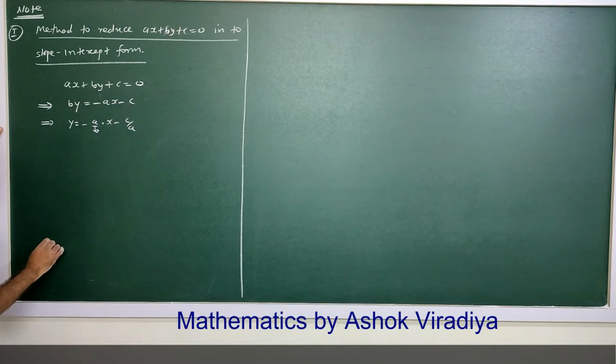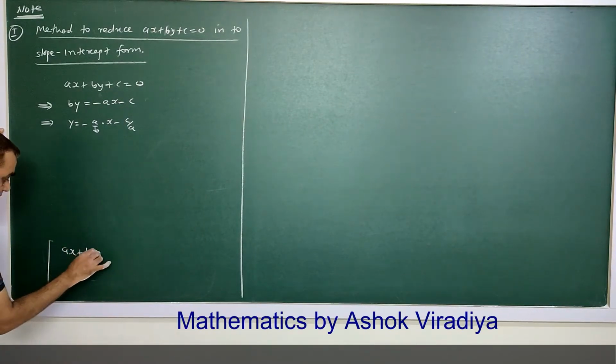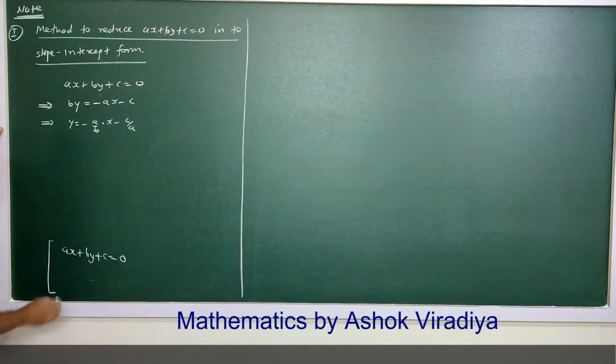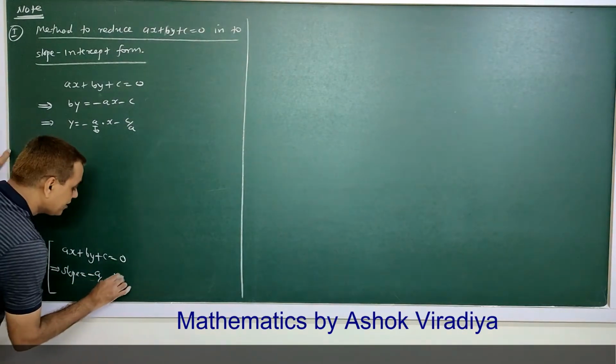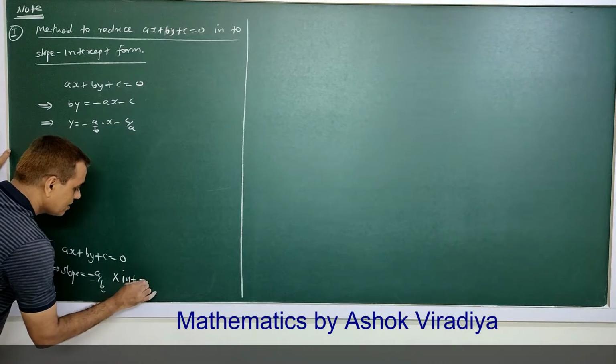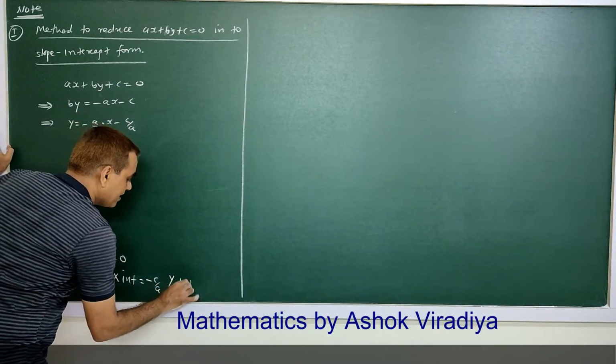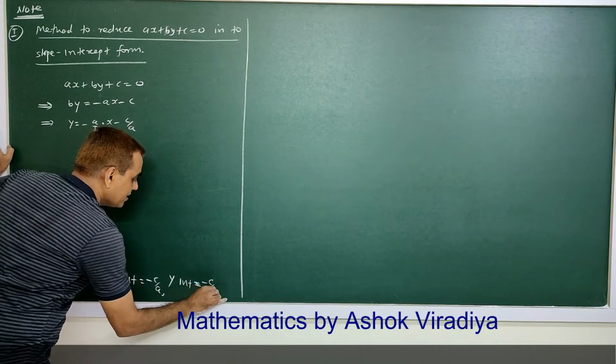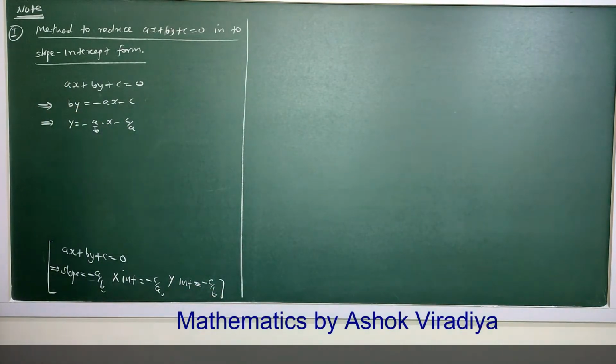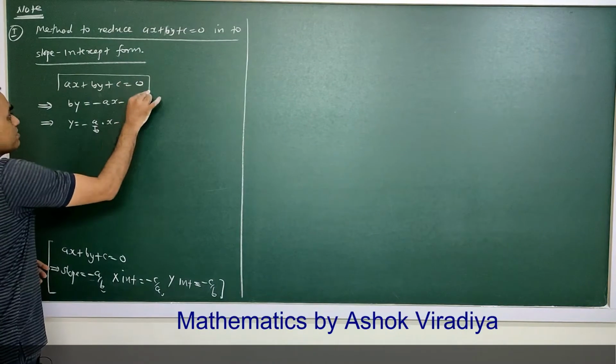Previously, in the previous video, I discussed that for ax plus by plus c equal to 0, the slope is minus a by b. The x-intercept is minus c by a. The y-intercept is minus c by b. So this topic I discussed in the last video. So look here, the equation is ax plus by plus c.